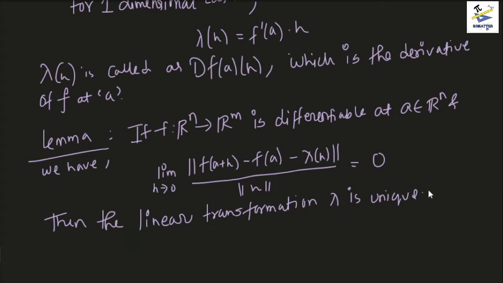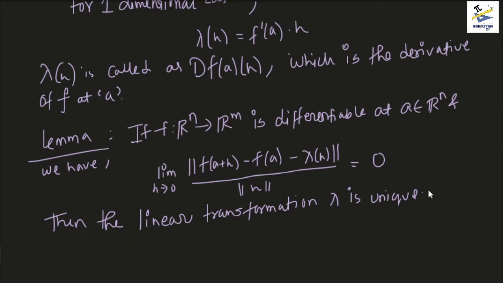Since we have already proved things like this in the past, if you want to prove something is unique, in mathematical terms you assume on the contrary that it is not unique, and you assume two of them. You assume two different things which have the same property, and then by some way you show that those two things are equal.